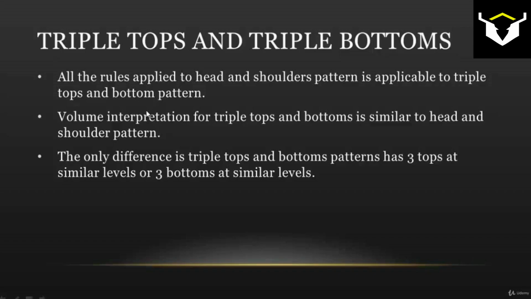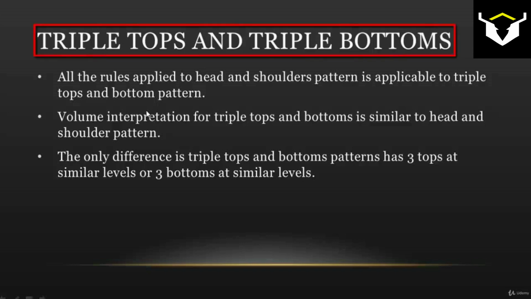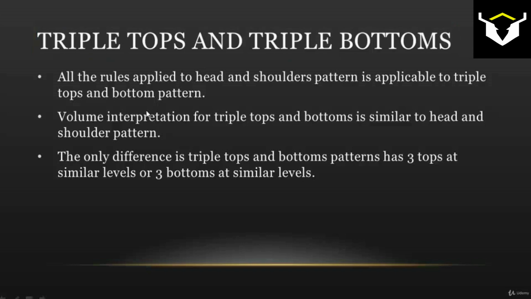Our next pattern is triple top and triple bottoms. Triple top and triple bottom is a variation of head and shoulder pattern. In this pattern, it is just that the head and both the shoulders are in a straight line or are at equal levels. All the rules applied to head and shoulder pattern are applicable to triple top and triple bottom patterns.